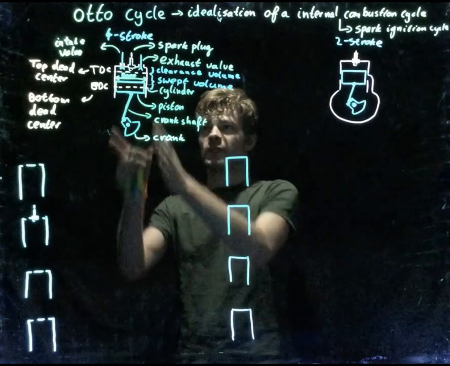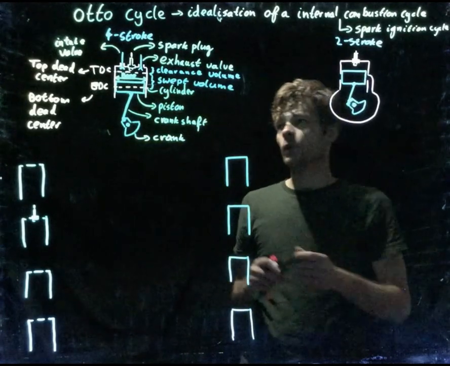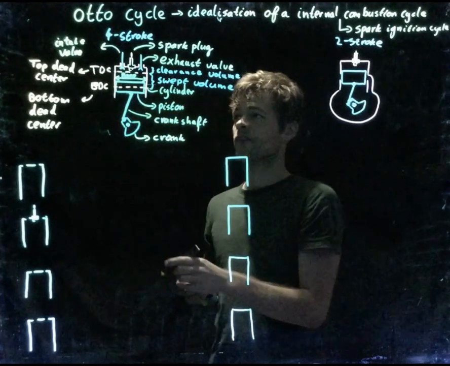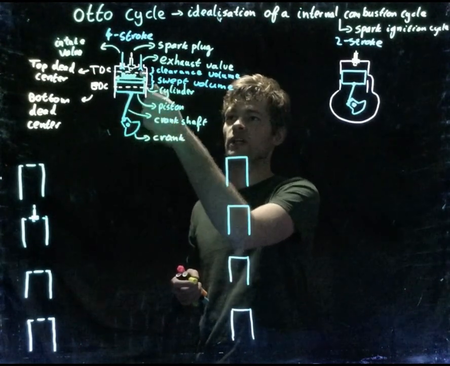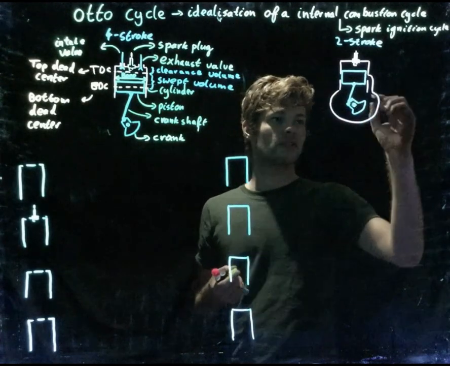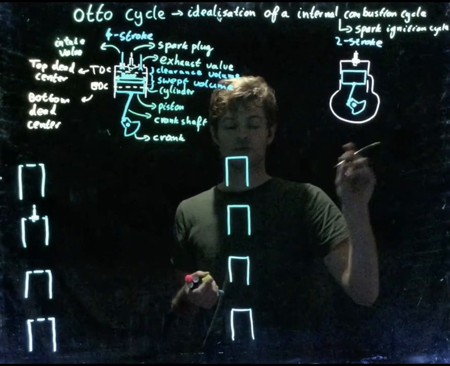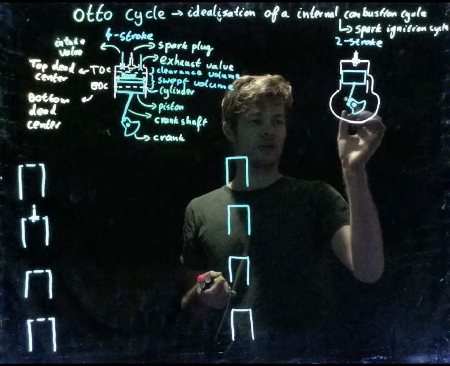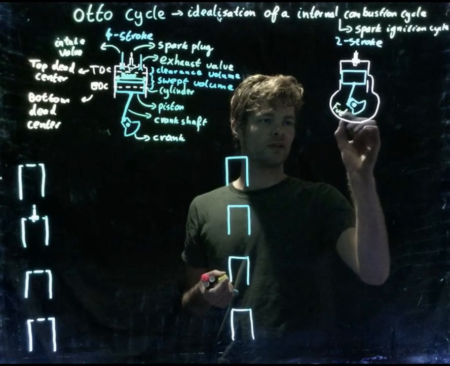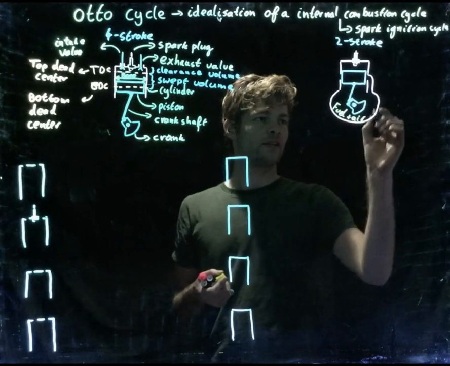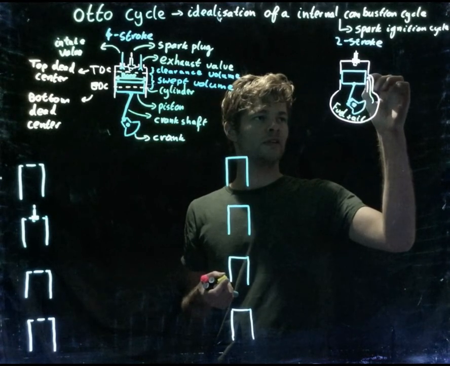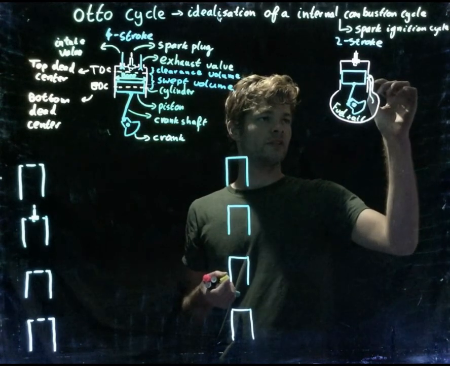So what's the difference between a 4-stroke and a 2-stroke engine? The 4-stroke engine has an intake valve for air and fuel and an exhaust valve. The 2-stroke engine doesn't have a valve, but has a gate. Usually in a 2-stroke engine, this volume is filled with fuel and air, and it will flow through this gate into the cylinder.